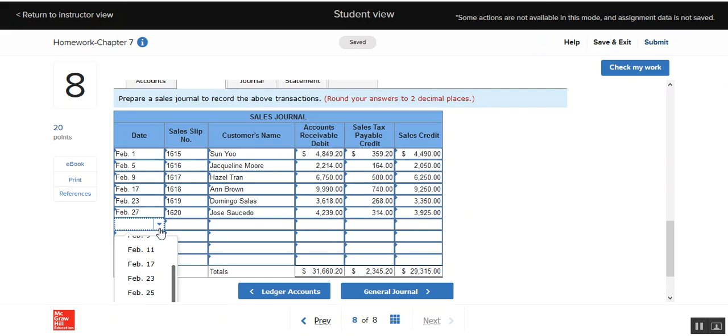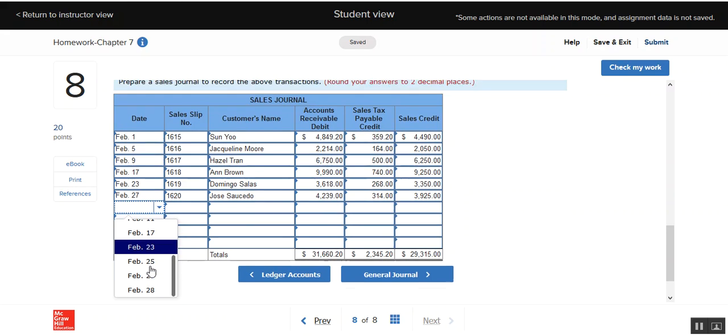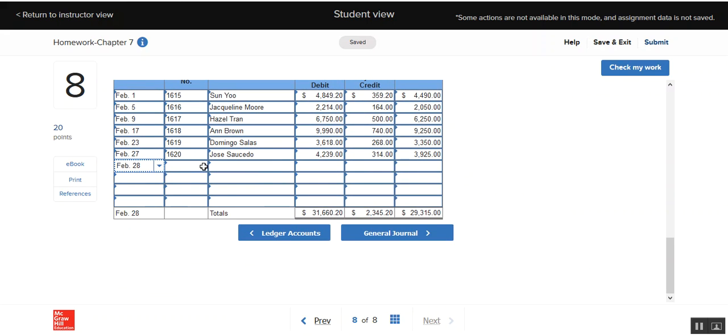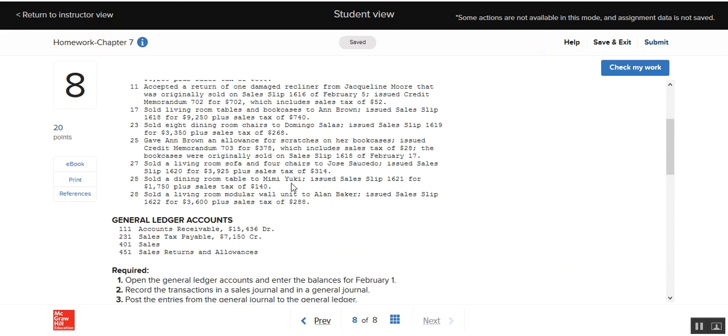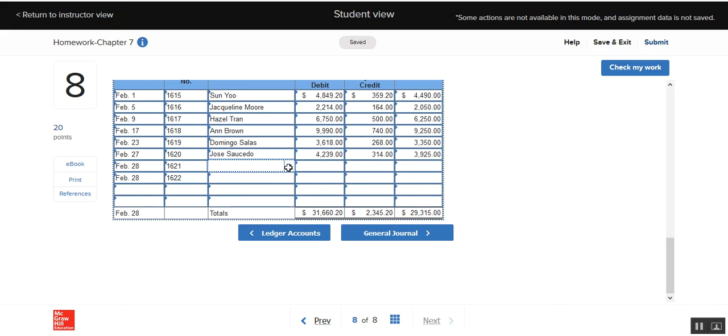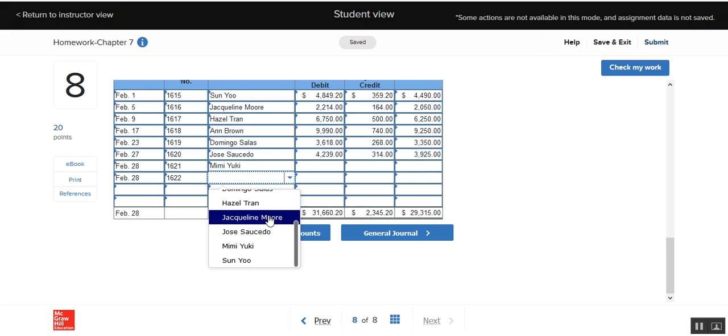And then we have a February 28th. And I believe another February 28th. And that should be the last two. To Mimi and Alan. And we can do both of these in the sales journal because they are both sales on credit.